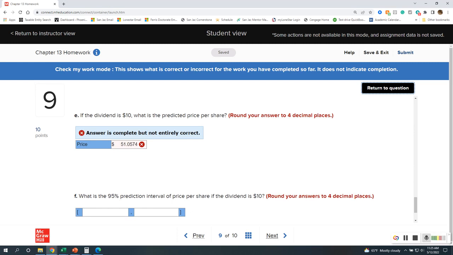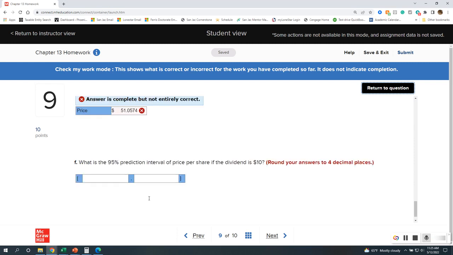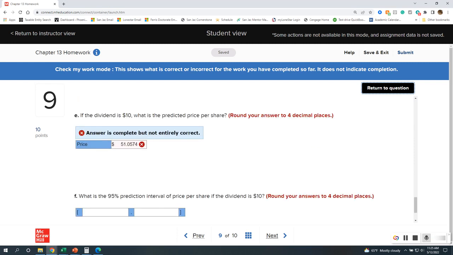Alright, next, interval. So the biggest things that I'm going to need to know are my mean, what is my x bar, and the sum of x.